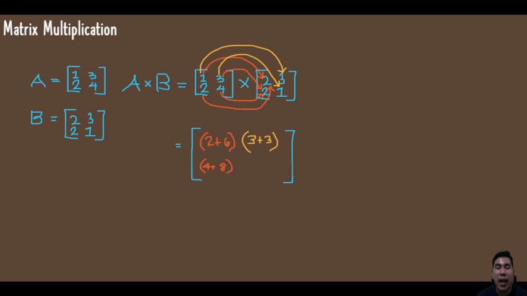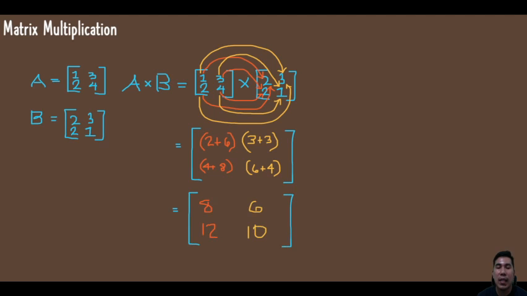And then right after that, the second column of matrix B will be multiplied to the second row of our matrix A. So 2 and 3 is actually 6, and then 4 and 1 is actually 4. And then this would give us 2 plus 6 is 8, 3 plus 3 is 6, 4 plus 8 is 12, and 6 plus 4 is 10.